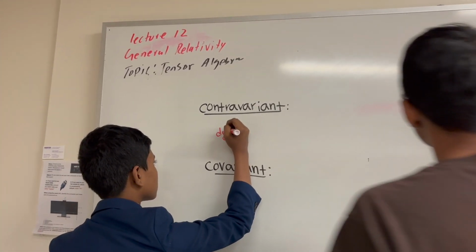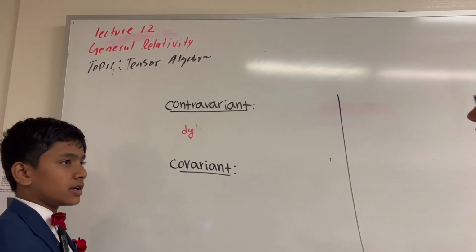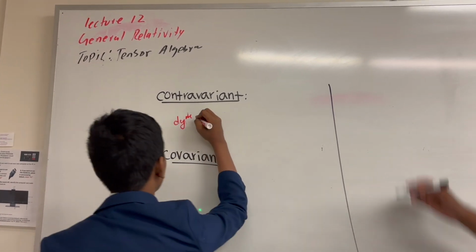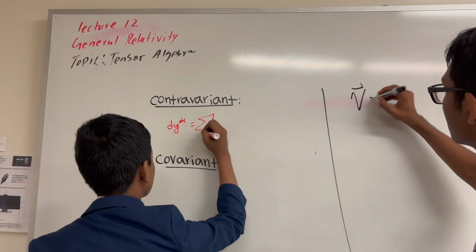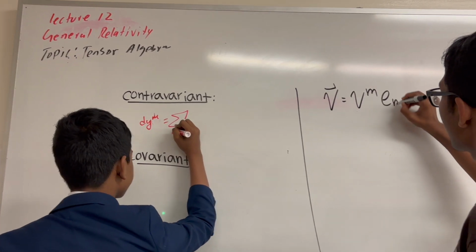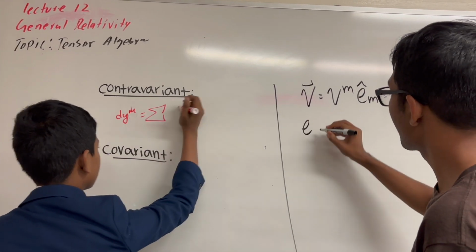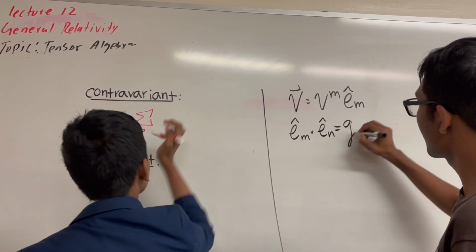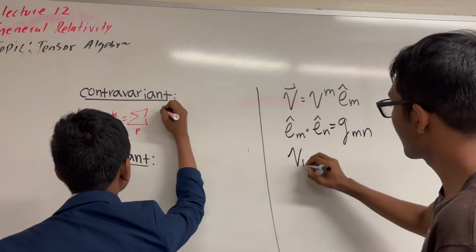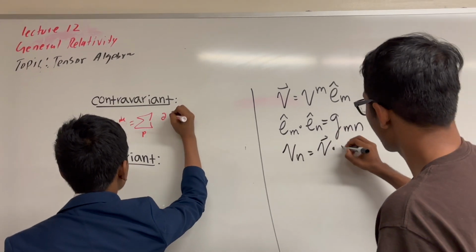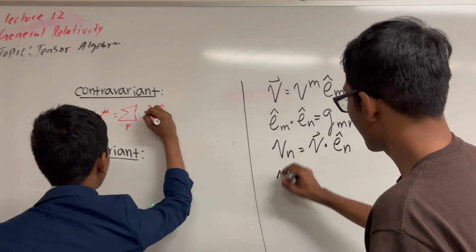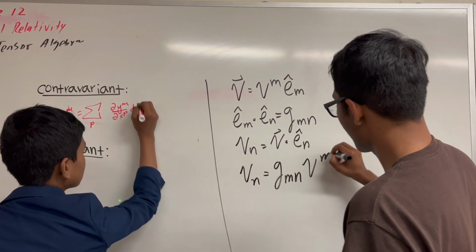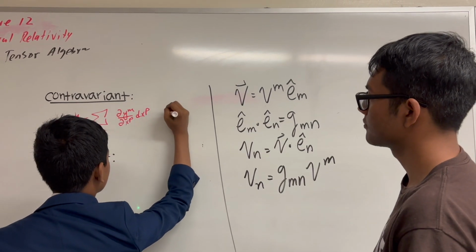It's just whatever you want, m. dy^m is just the sum over some dummy variable, let's say p, of partial y^m partial x^p dx^p. Or in other words, kind of the chain rule.